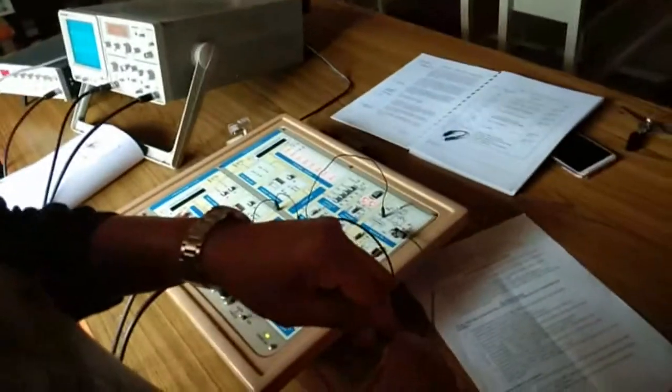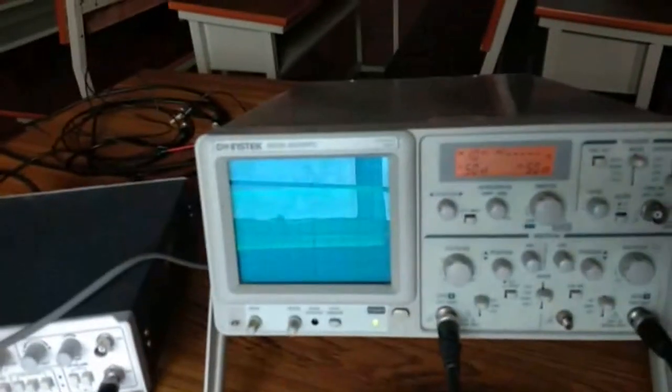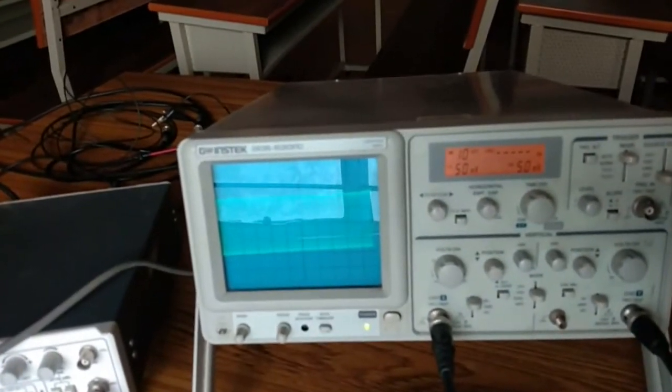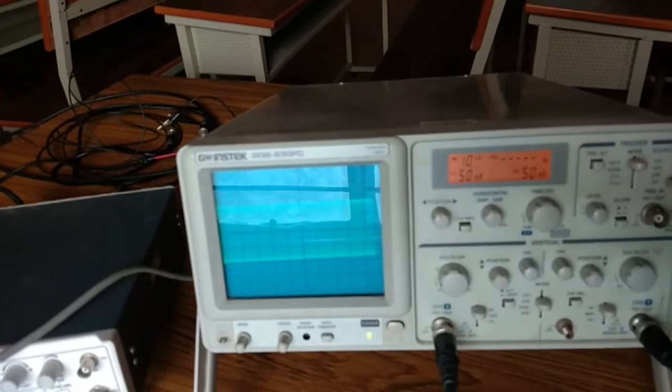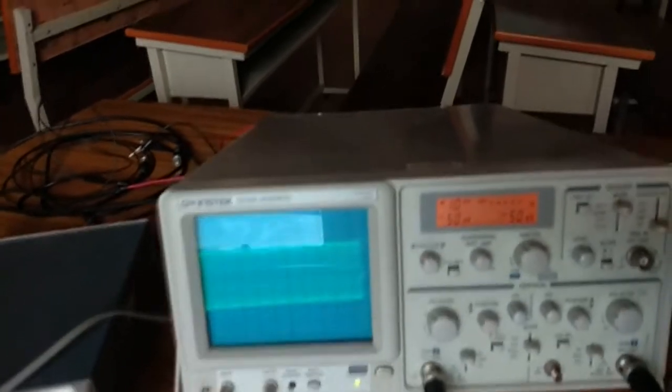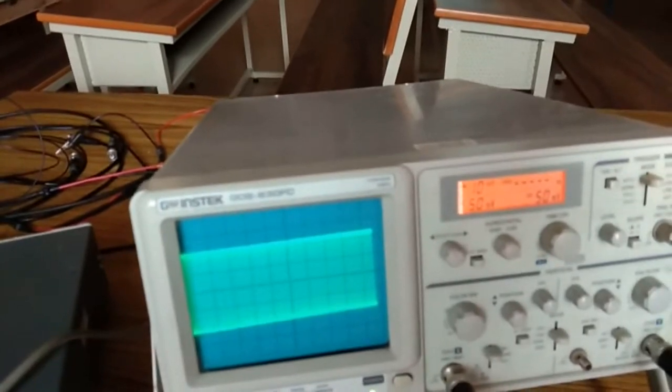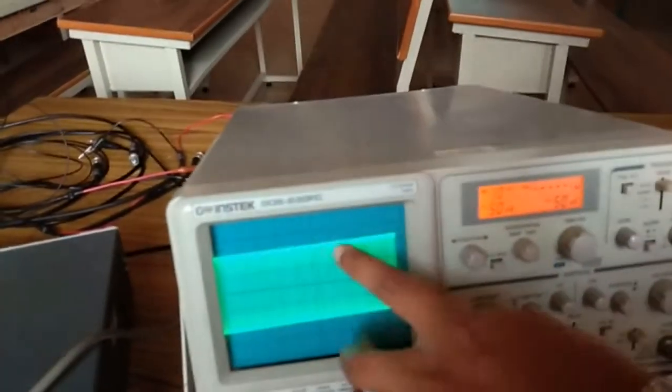It has covered almost 3 full blocks plus 0.8, that is 3.8 into 50 millivolts, with the bending of this much scale.